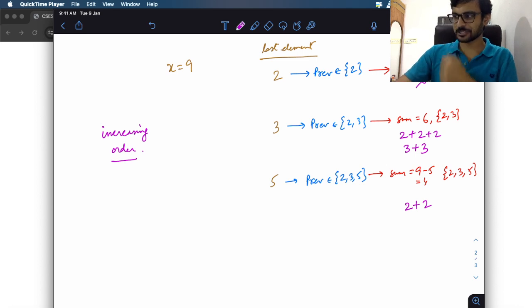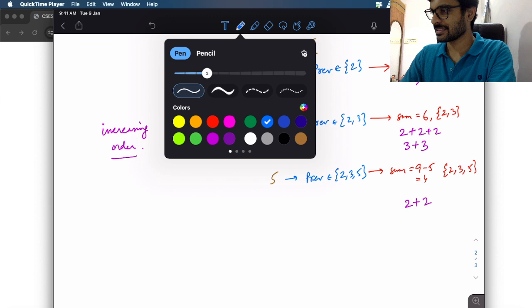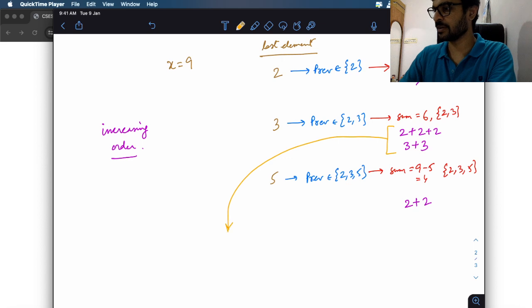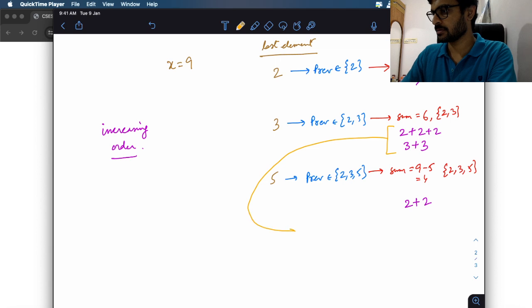Using those things, we can say that from these two, by attaching 3 at the end, we are getting 2, 2, 2, 3 and 3, 3, 3.